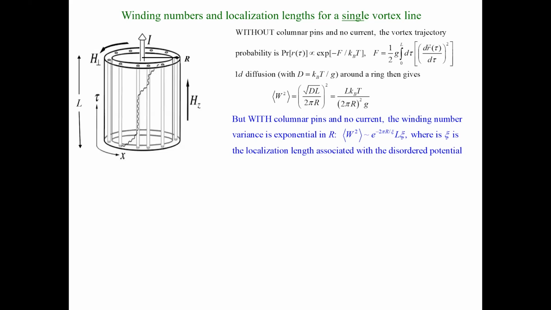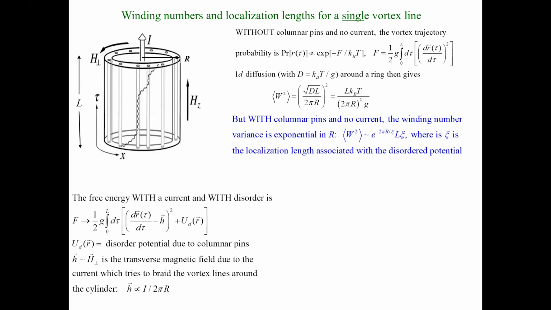And so you can show that the winding number fluctuations, no current, that's coming in a minute, now decay exponentially with this localization length. So xi is a localization length, it's still proportional to L, as it is up here, but there is an exponential localization. The thing doesn't quite refuse to wind, but it grudgingly winds an exponentially small amount when I look at the mean square.